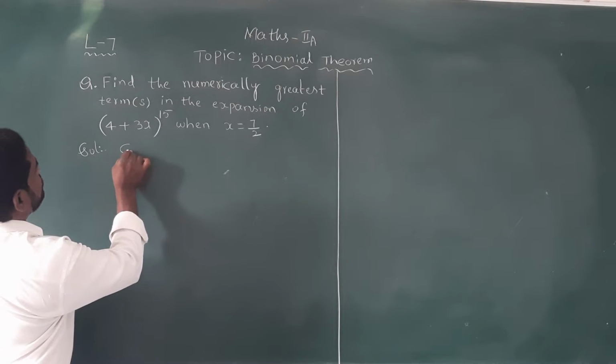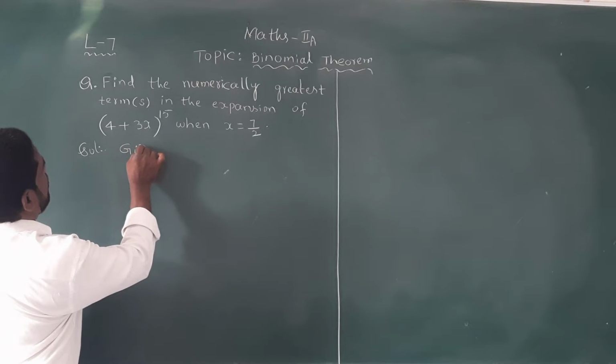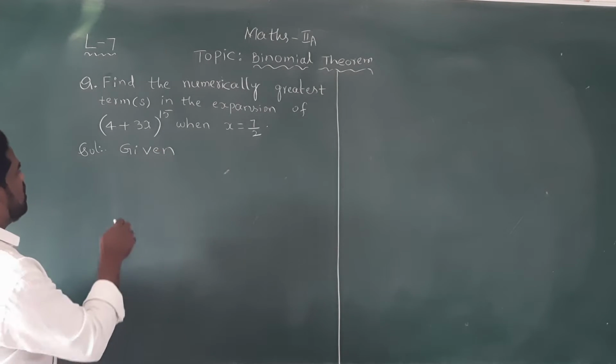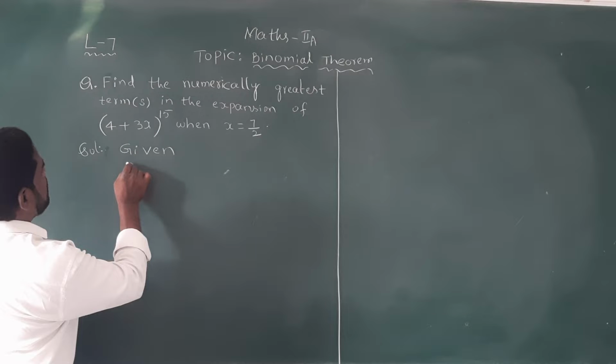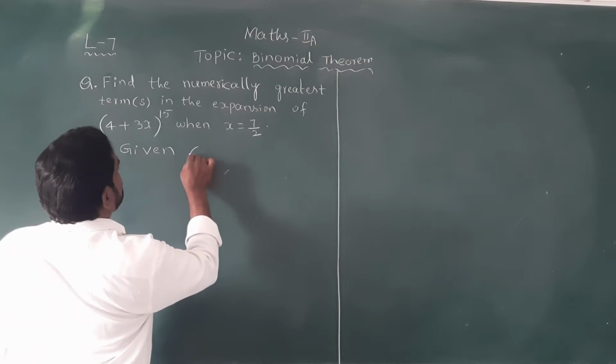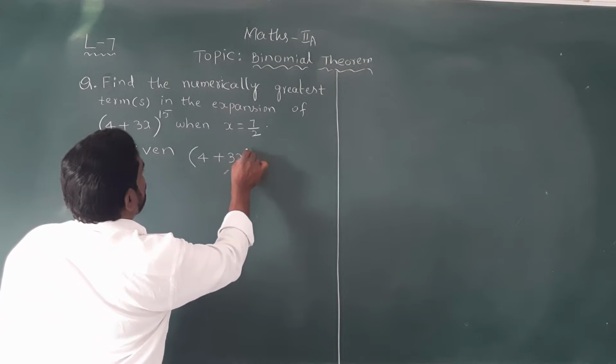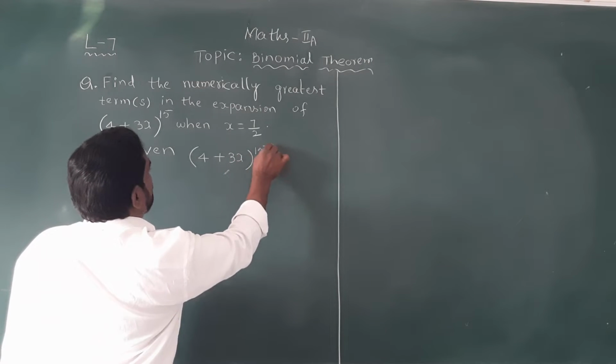First of all, we have to take the given expansion. What is the given expansion? (4 + 3x) whole power 15.